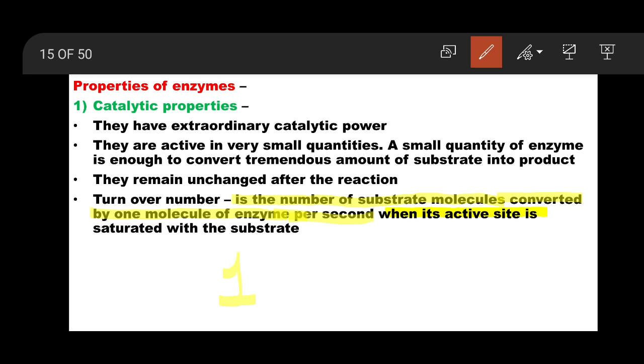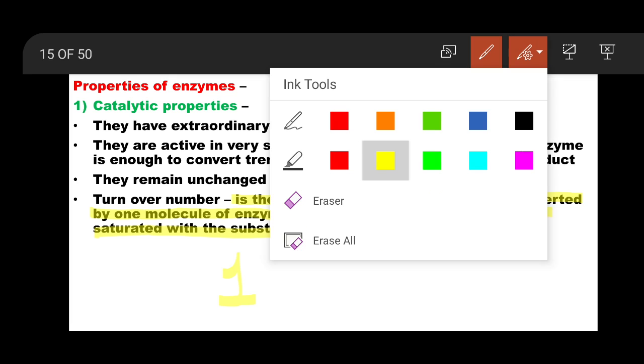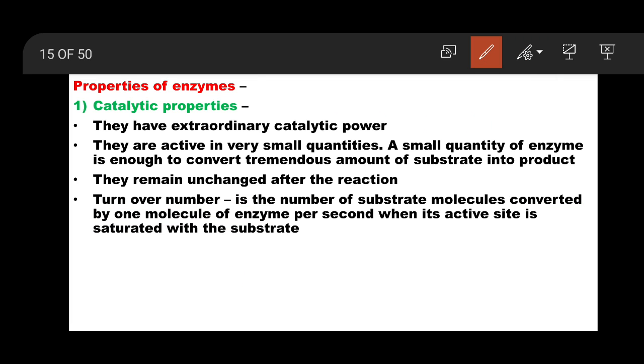एंड व्हाट इज फर्दर मोर, when its active site is saturated with the substrate, that active site of enzyme must be saturated with the substrate. उस वक्त की बात. So remember this, revise this. Let us see once again what is turnover number.